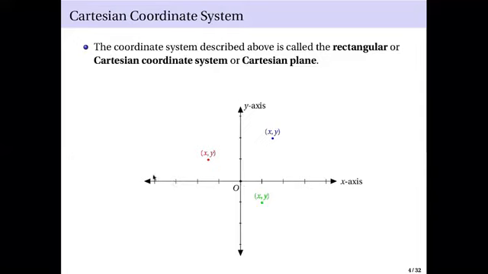We start with a horizontal line and a vertical line, and then the point of intersection, we will call it the origin. Now, you see that there are some ticks here, these small vertical lines, and also these small horizontal lines. They will determine the location of a particular object, say a point, on the Cartesian plane.